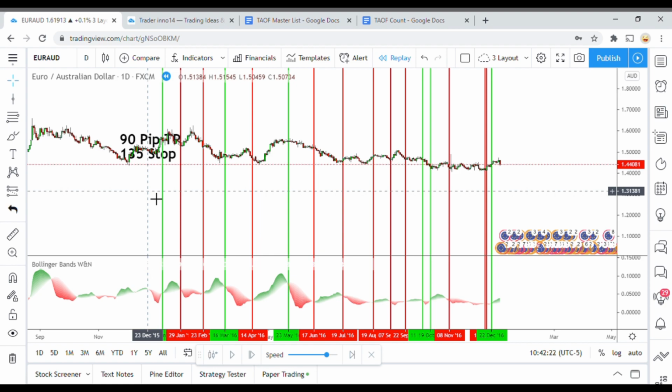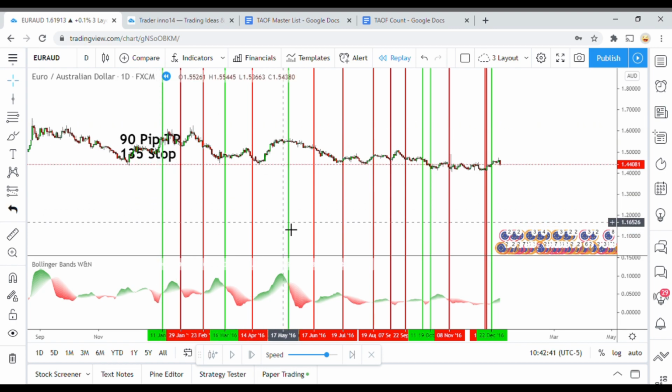Again, because what the Bollinger Band wide and narrow is doing is it's reading the momentum in the market. It's not really reading price action like a moving average would or something along those lines.